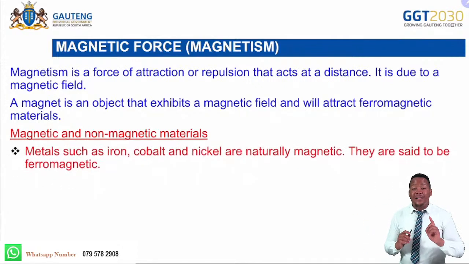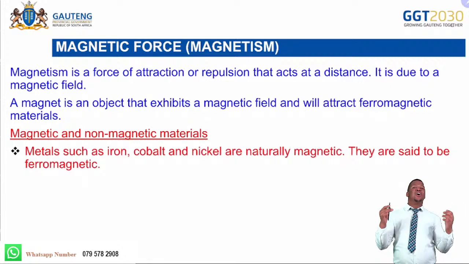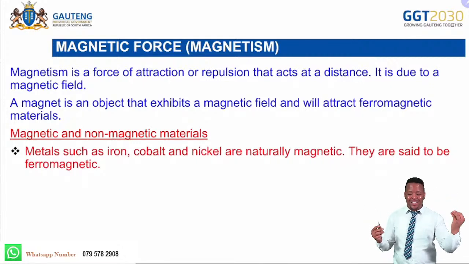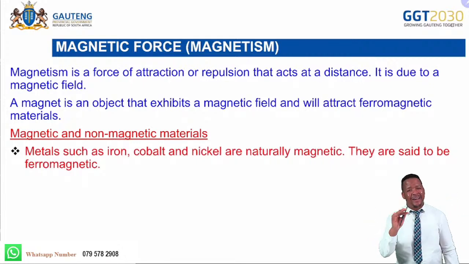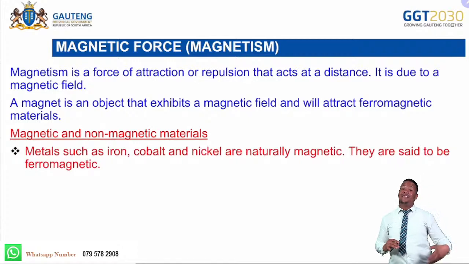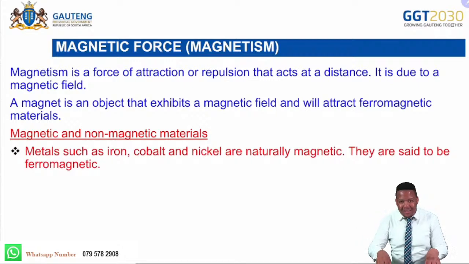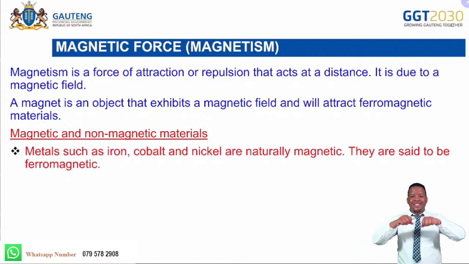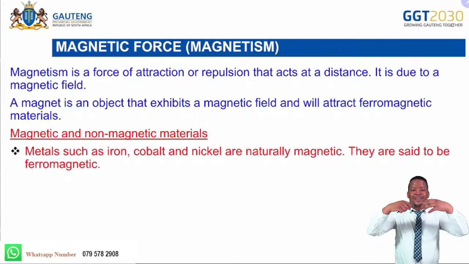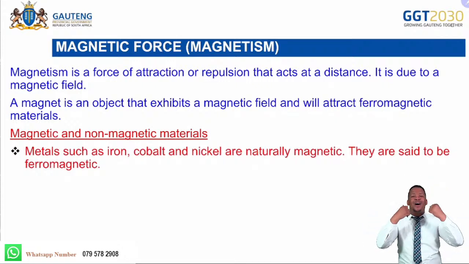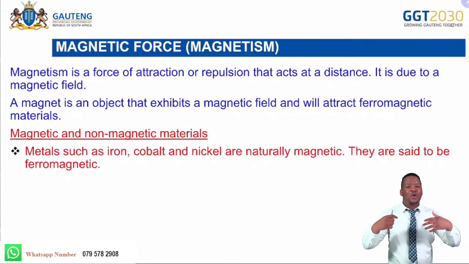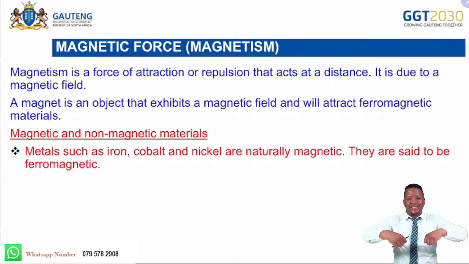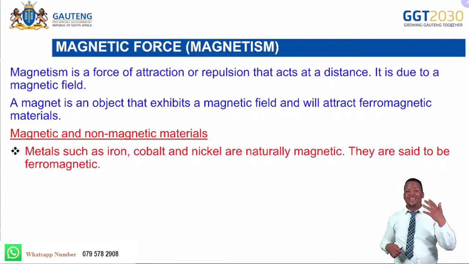Metals such as iron, cobalt, and nickel are naturally magnetic, right? So if you place that metal next to a magnet, the metal will be attracted to the magnet. The iron will be attracted, the cobalt will be attracted, as well as the nickel.